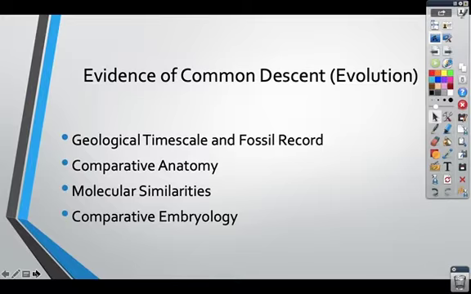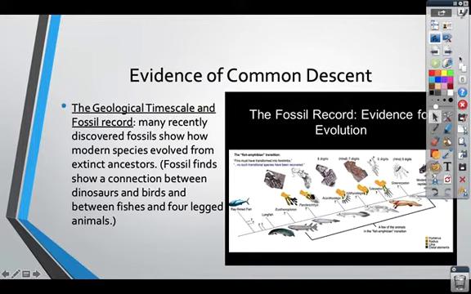So again, our first line of evidence comes from the fossil record. So the fossil record allows us to see what organisms were on Earth in the past and how living or extant organisms evolved from those ancestors that may be extinct.